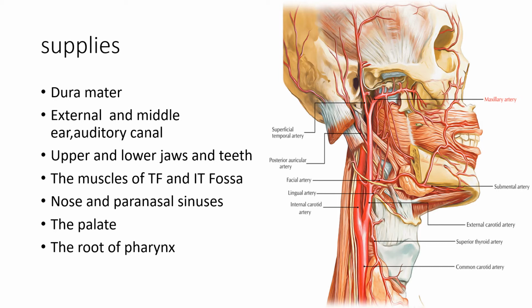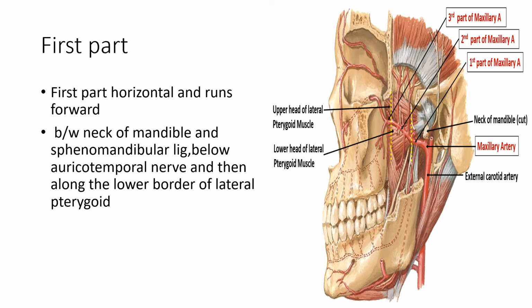The maxillary artery is supplying some dura mater, and here the auditory canal and the external and internal ear, and then it is supplying the upper jaw and the lower jaw and the teeth too, and here it also supplies the nose and the paranasal sinuses, and here it supplies the palate, and here lies the root of the pharynx. So the root of the pharynx is also supplied by the branches of the maxillary artery.